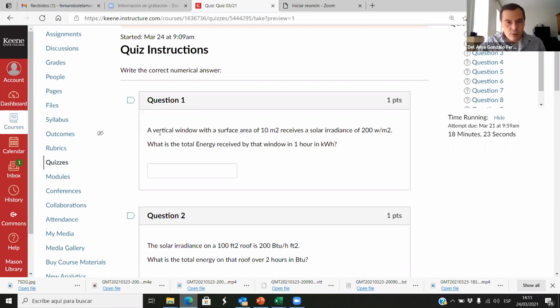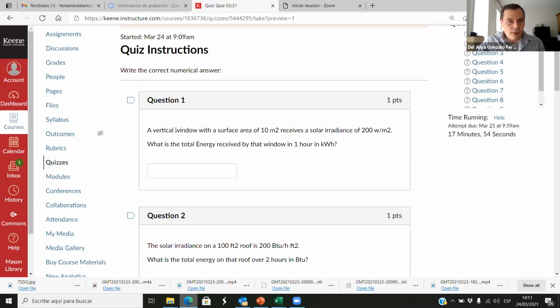And we need to understand that what we receive from the sun is the solar irradiance. Okay, so this is the concept, and it's measured in watts per square meter. So this is a unit of area, and this is a unit of power. When we are working with watts, this is power, and square meters or square feet or whatever is the area of the surface.